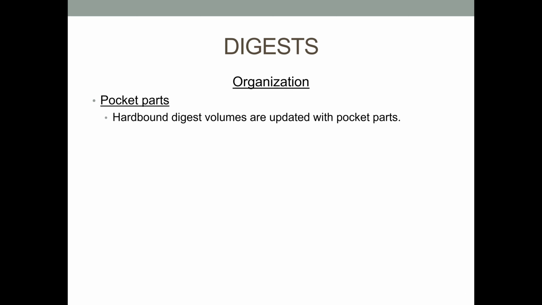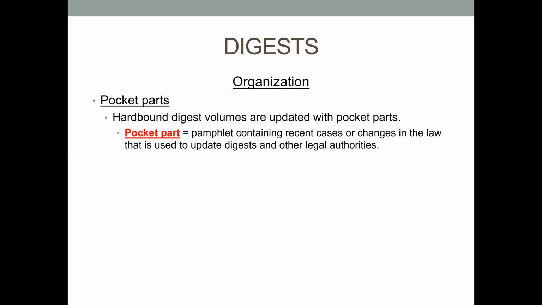Okay, now hardbound digest volumes obviously have to be updated because courts are always coming out with new opinions all the time. So the hardbound digest volumes are updated with paper pocket parts.